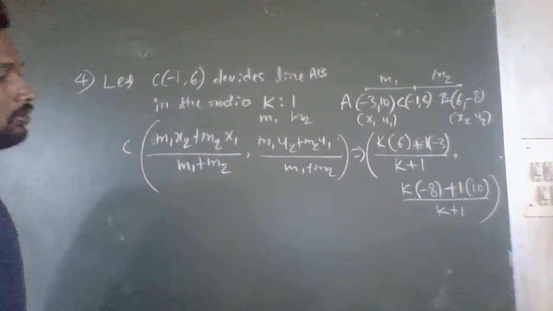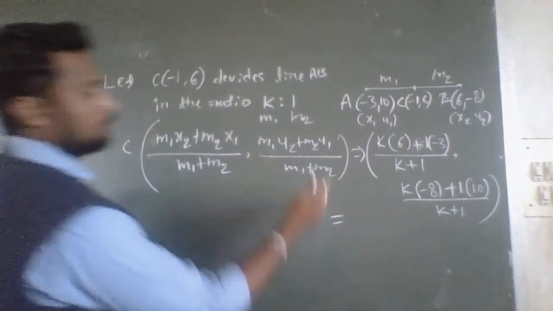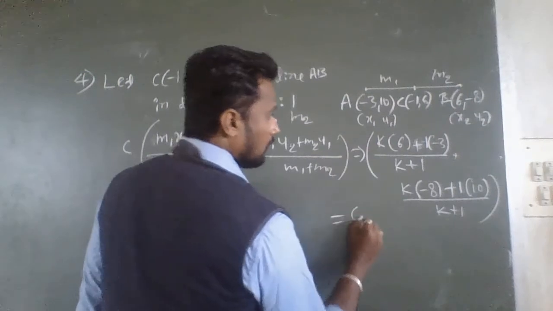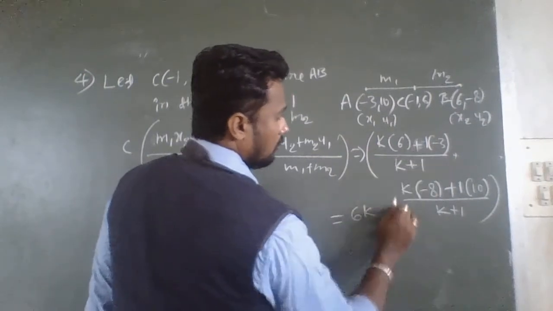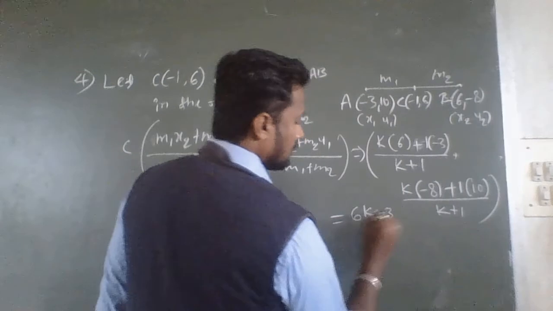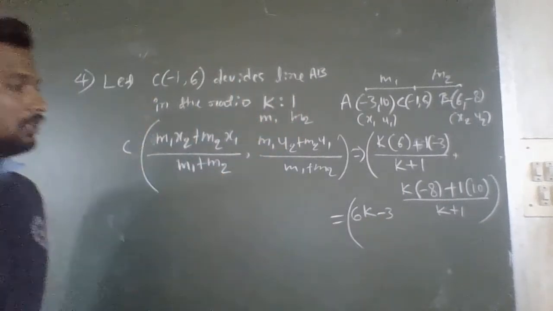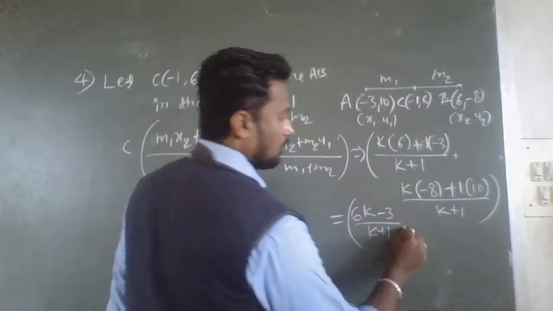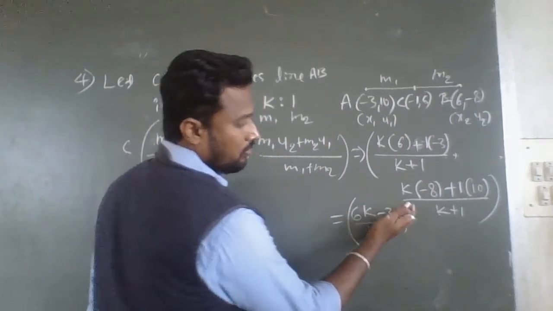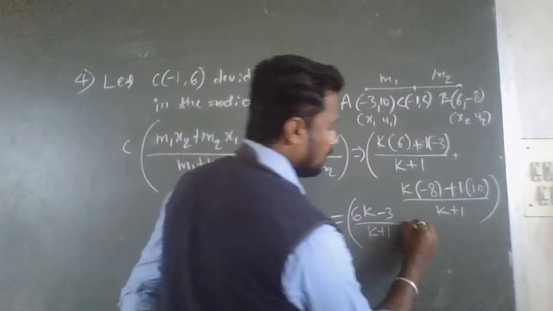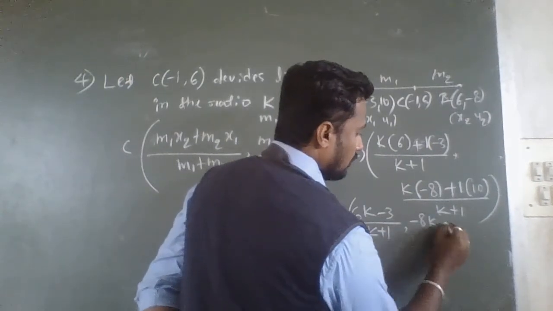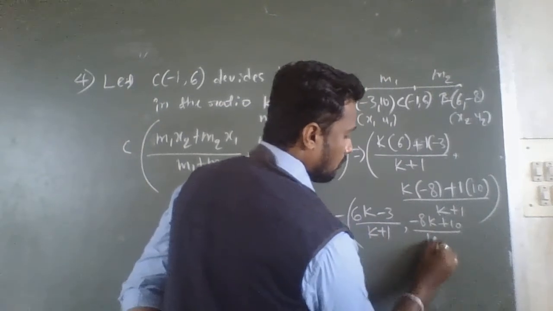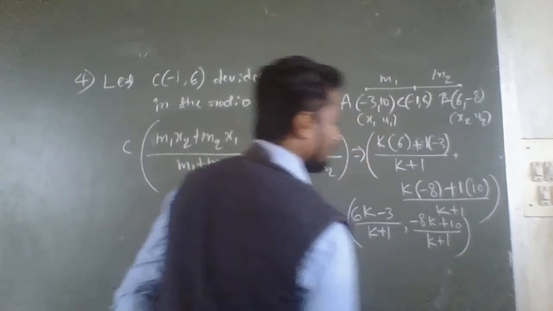So now we will simplify this. See here, k into 6 means what we will get? 6k, and 1 into minus 3 means minus 3, divided by k plus 1, comma, like this only. Here for y coordinate, k into minus 8 means minus 8k, 1 into 10 means plus 10, divided by k plus 1. I will write it as it is.